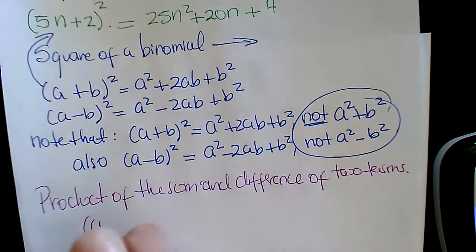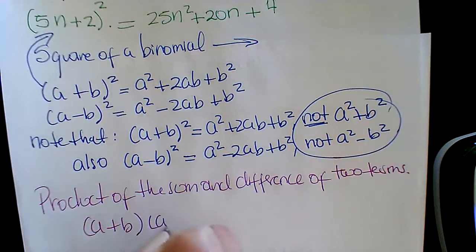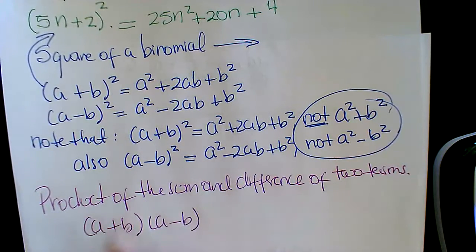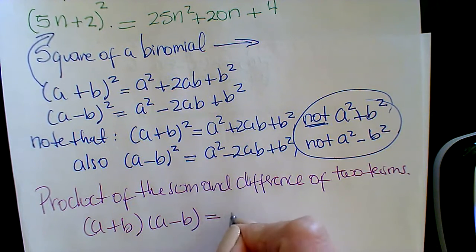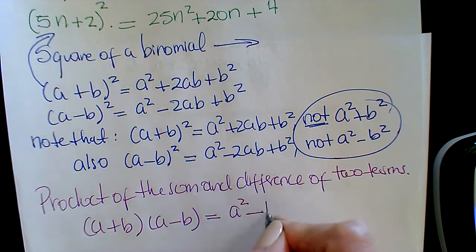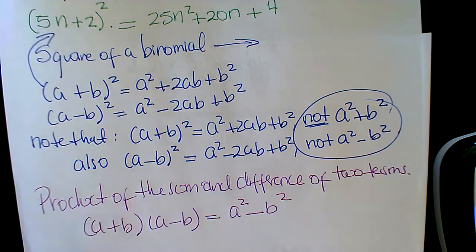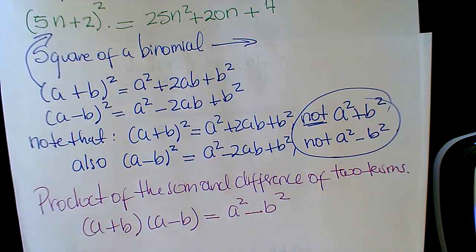It's (a plus b)(a minus b), the product of the sum and difference of two terms, which is equal to a squared minus b squared. So the example that we had was this one.